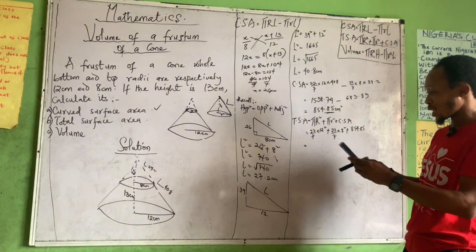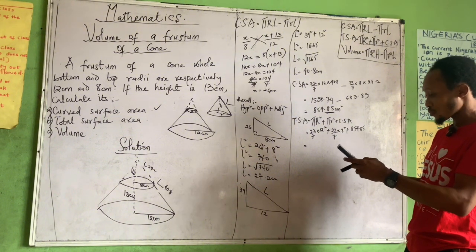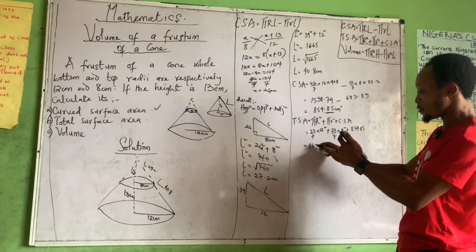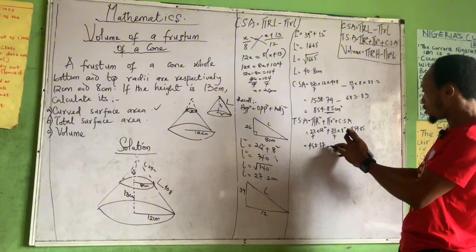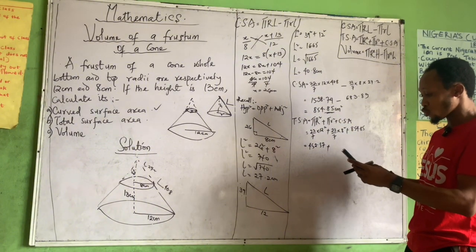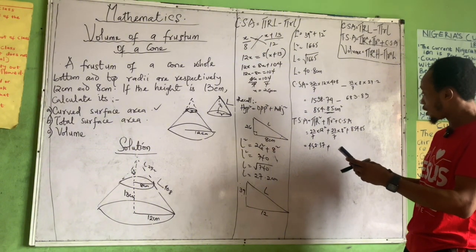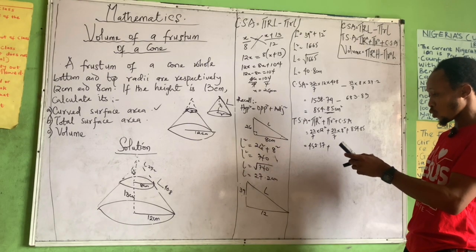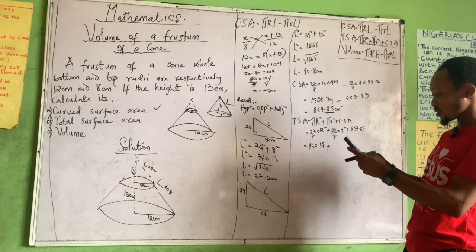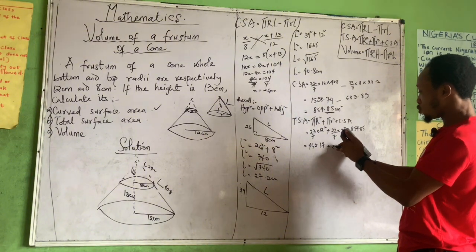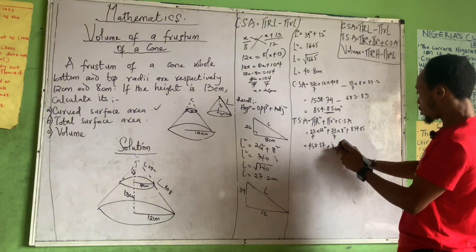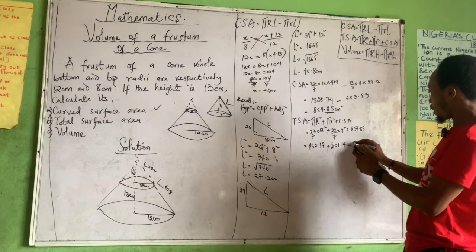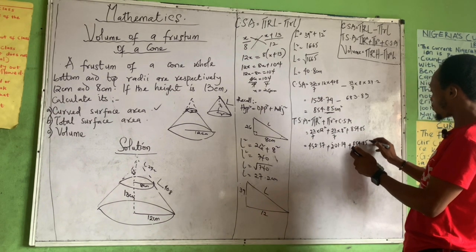We have 22 times 12 square divided by 7. So we have 452.57 plus we have 22 times 8 square divided by 7. We have 201.14, then plus 854.85.